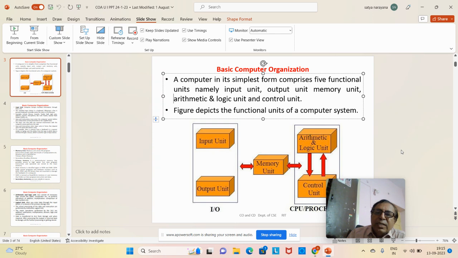The functional units of a computer contain five units: input devices, output devices, memory unit, arithmetic and logic unit, and lastly control unit. So altogether 5 units, we will go one by one.